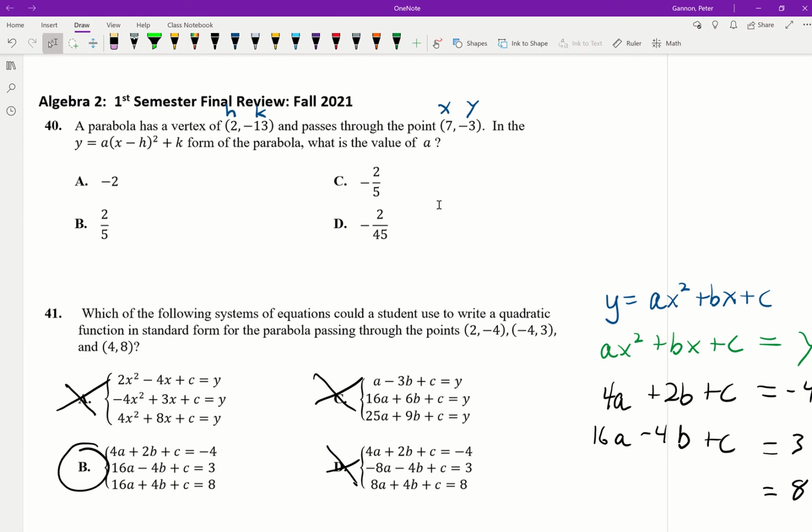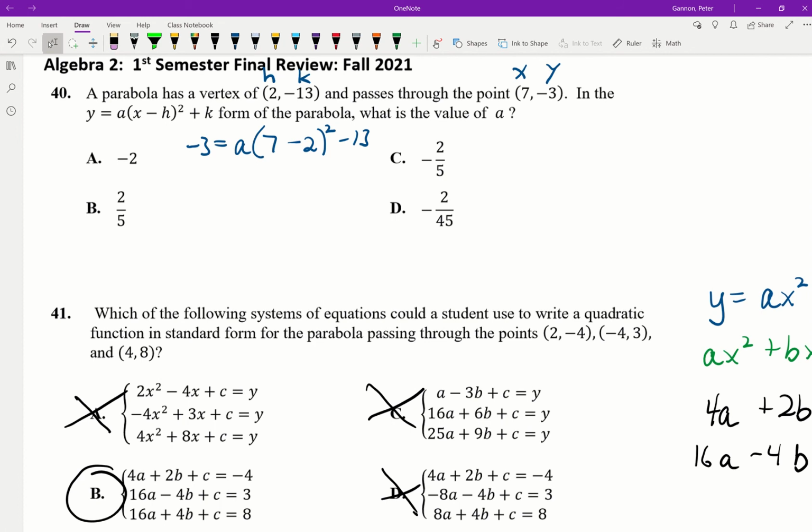We're going to plug those numbers into this equation. So Y is negative 3 equals, A is what we're trying to find. X is 7 minus H is 2 squared, k is negative 13. So we're going to solve that to find a. Okay, so it's just a matter of substitution first.